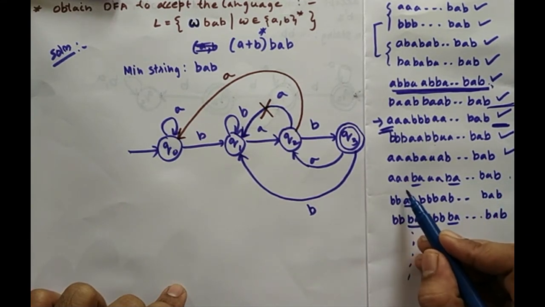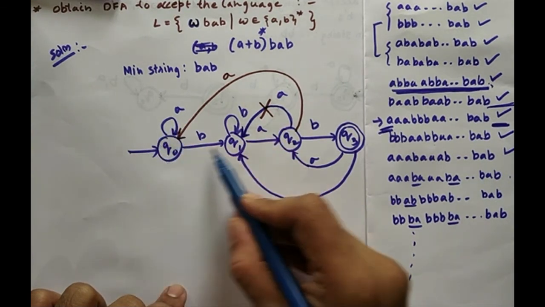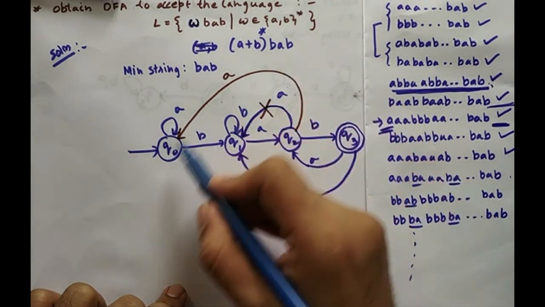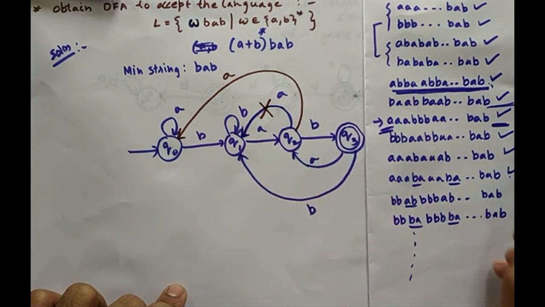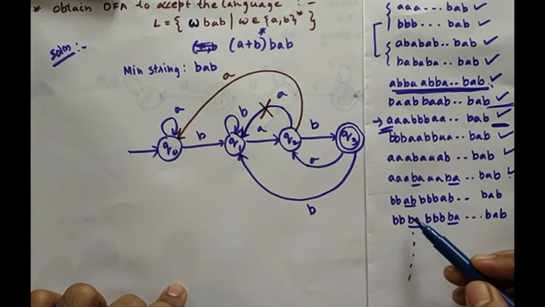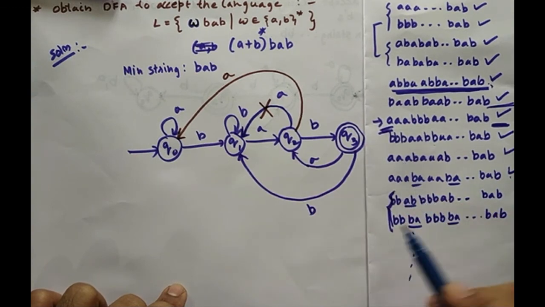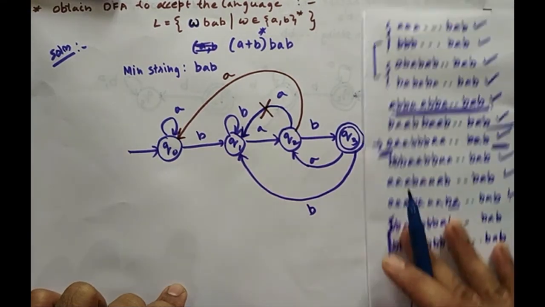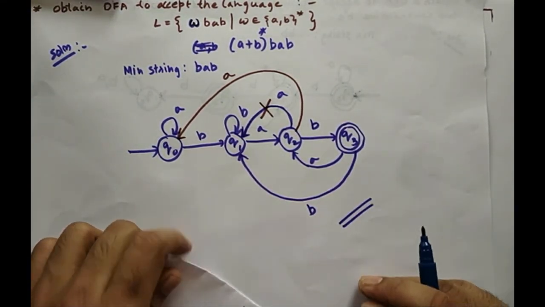Again some A's BA, then again some A's BA ending with BAB, accepted. And since this is symmetrical to this, even they are accepted. So the required automata is this.